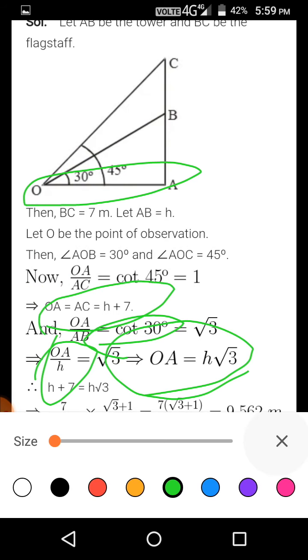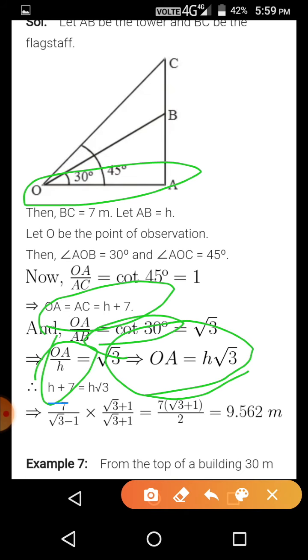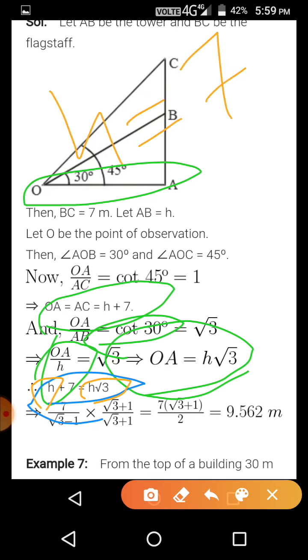So H plus 7 is equal to H root 3 here, and now we can solve this by taking 7 here and H root 3 minus H. This is H root 3 and this is H, so you take it that side, it becomes H root 3 minus H. So H is equal to 7 upon root 3 minus 1, if you take it that side.